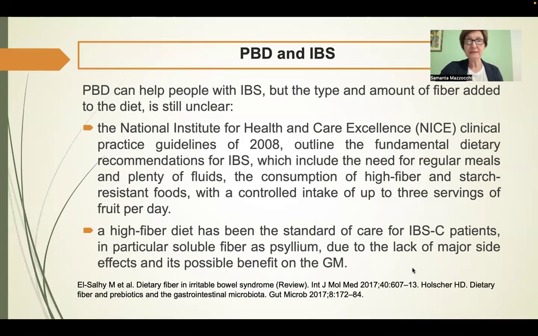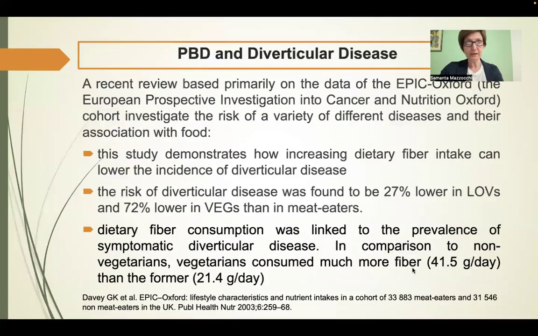A high-fiber diet has been the standard of care for IBS constipation patients. In particular, soluble fiber such as psyllium, due to the lack of major side effects and its possible benefit on the gut microbiota.